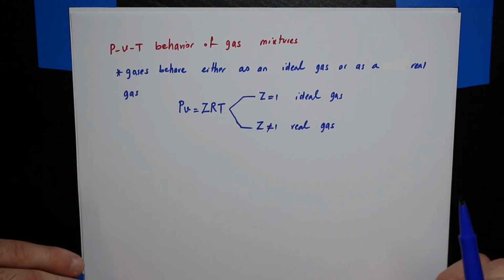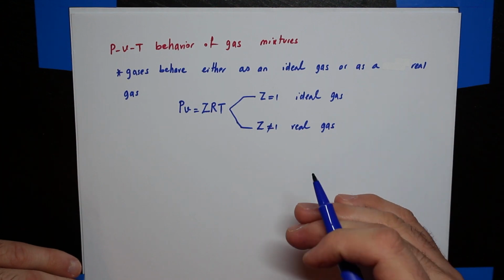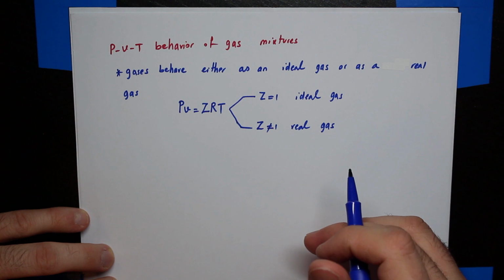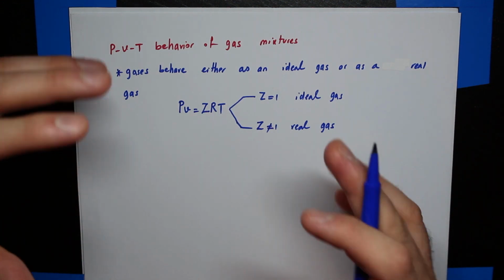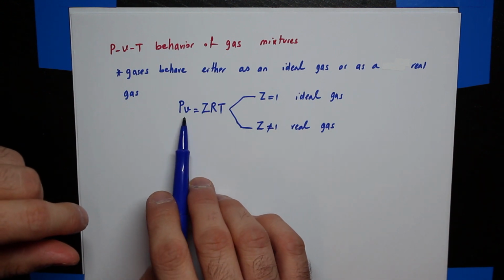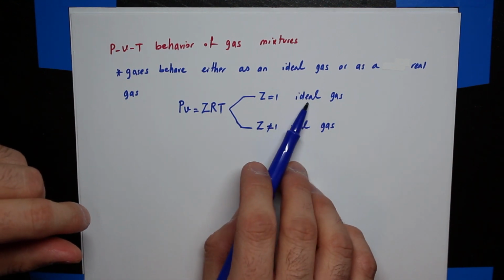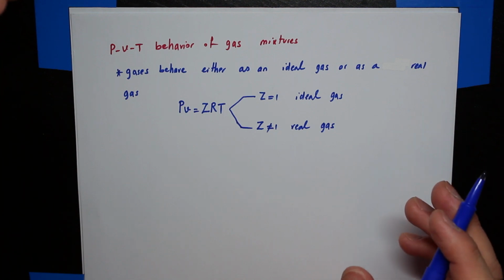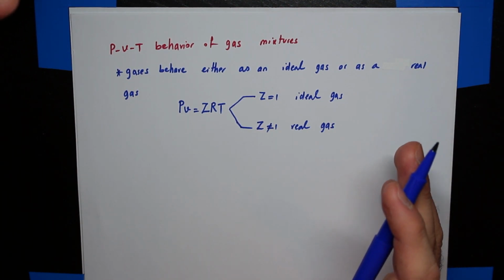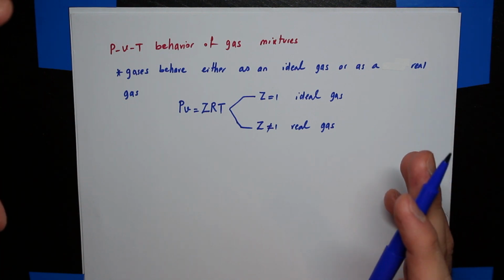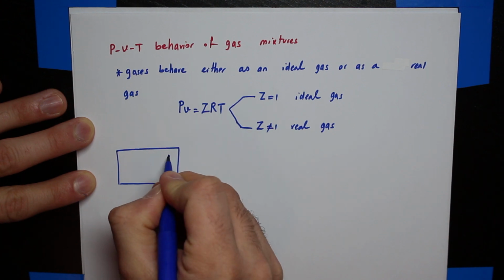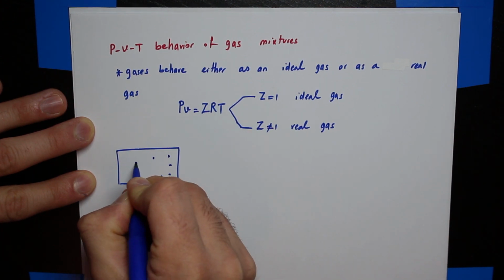Now, here's the question. If we have a mixture of two or more ideal gases, obviously each is following the equation PV equal to RT because they are ideal gases. Is that mixture also behaving as an ideal gas? So once again, imagine that we have a tank. In this tank, we have two or three or even more components.